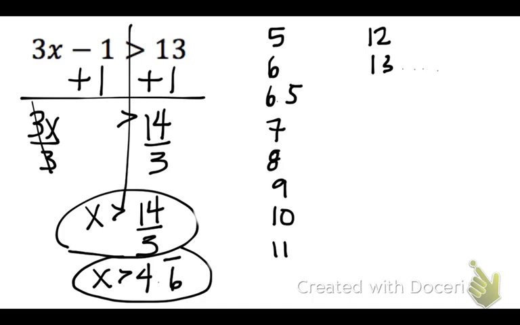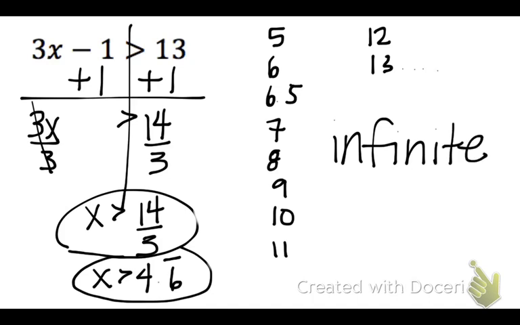It goes on forever. There's infinite possible answers. Infinite means never ending. Okay? There are infinite numbers that are greater than 4.6 repeating. I can't tell you there's just one answer. It looks like one answer, but think about what it means. X has to be greater than that.